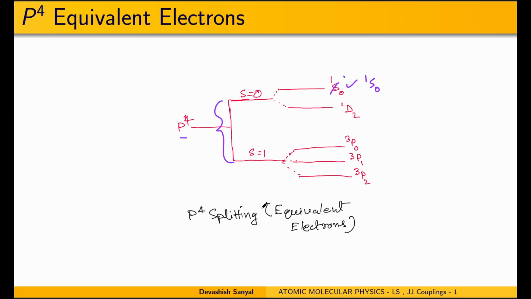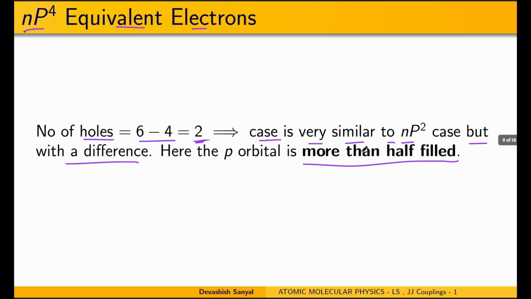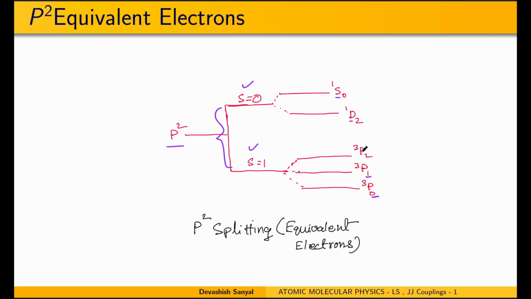So here 3P2 will be the ground state, then we have 3P1, and then we have 3P0. That is where it differs from the P2 case.